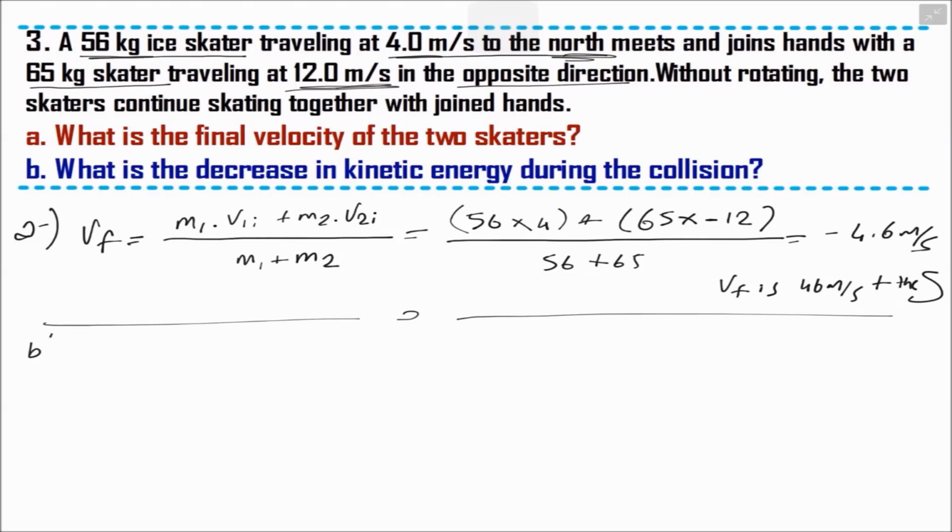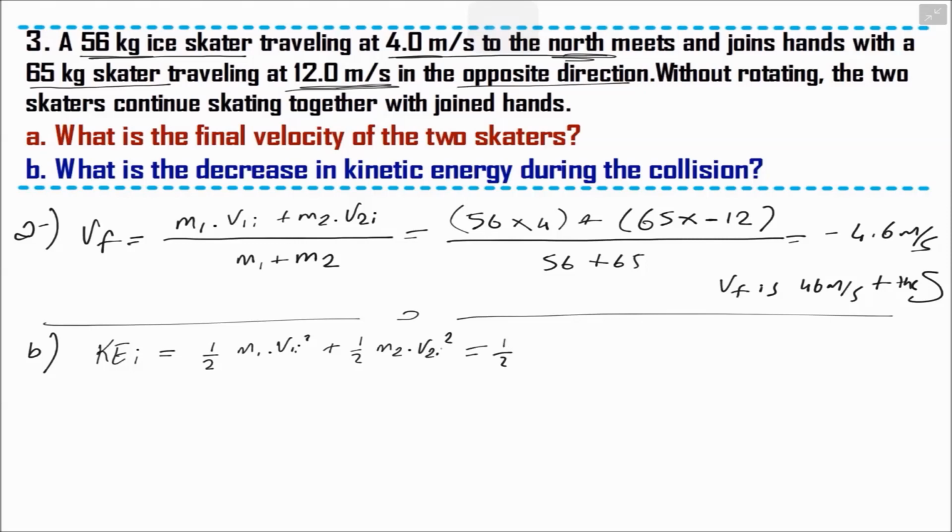And at part B it says what is the decrease in kinetic energy during the collision. So we have to calculate kinetic energy initial and kinetic energy final. So initial kinetic energy is half m1 times v1 initial squared plus half m2 times v2 initial squared.